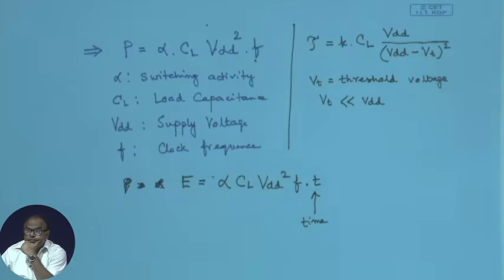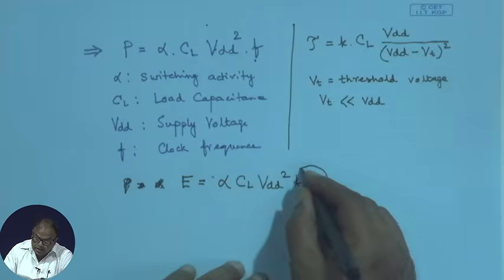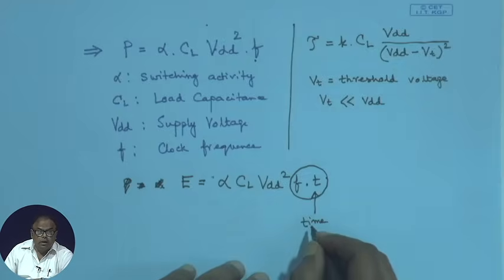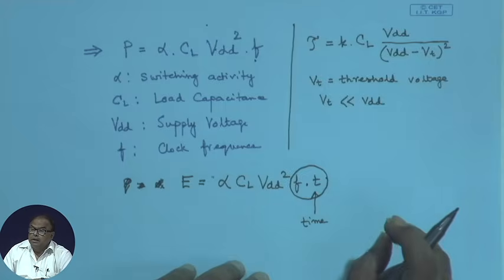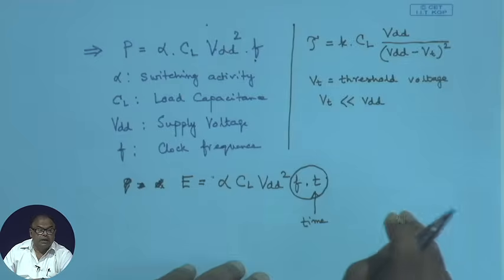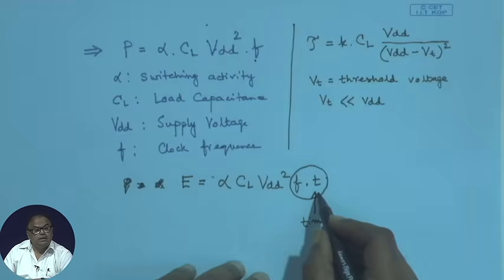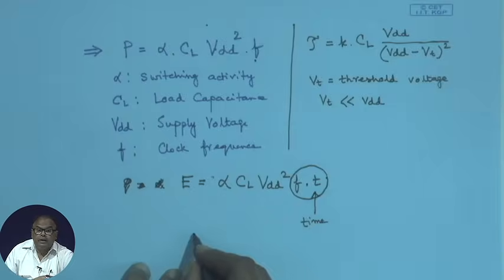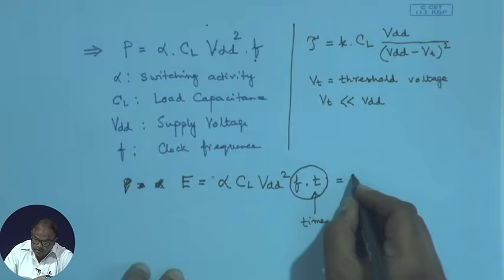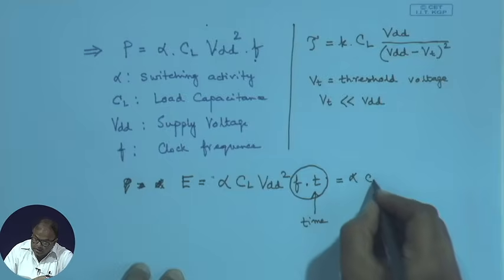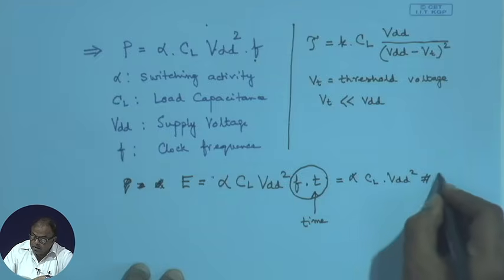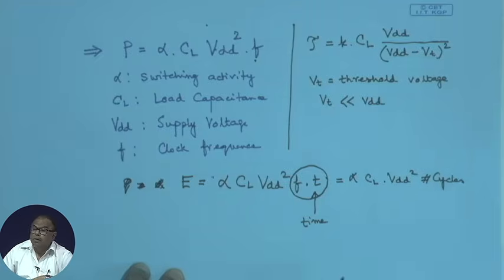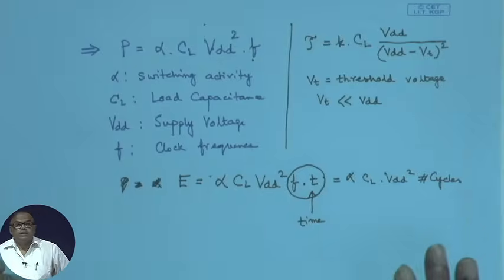Now, if I look at this component F times T, F is the number of cycles per second and T is the time. Therefore, I can conveniently write it as alpha CL VDD square, number of cycles. Now, this gives us a lot of insight here.